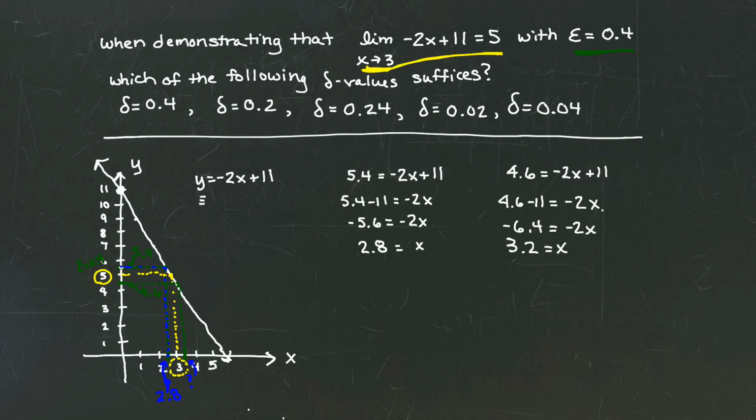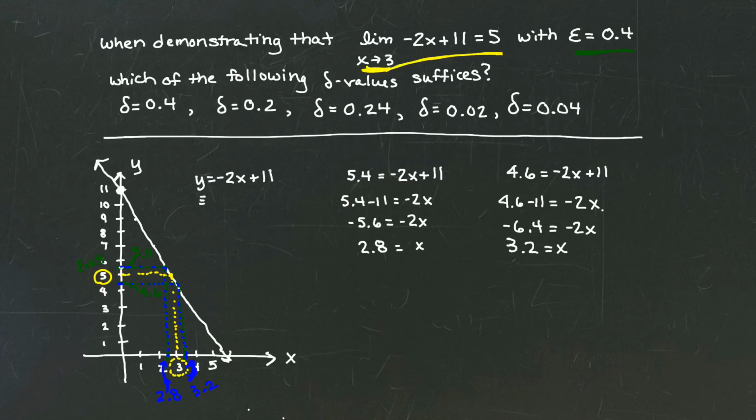That makes sense in my picture, because there's my 3.2, the x value on the x-axis that pertains to this lower bound, 4.6, on the y-axis.